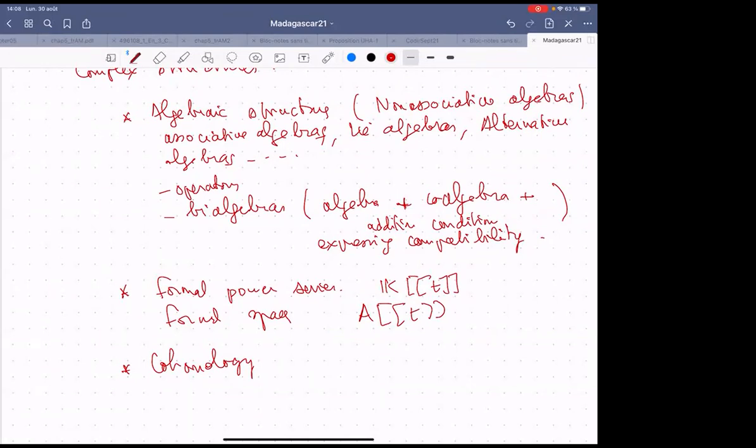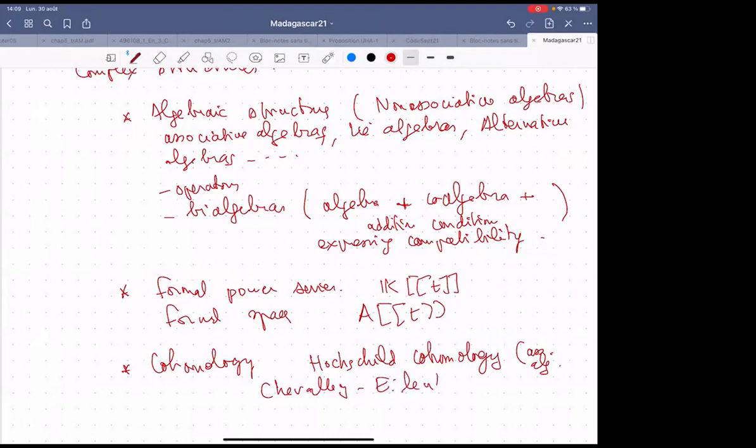Of course, each type of algebra has its own cohomology. We can talk about Hochschild cohomology for associative algebra, and Chevalley-Eilenberg cohomology, for example, for Lie algebra.